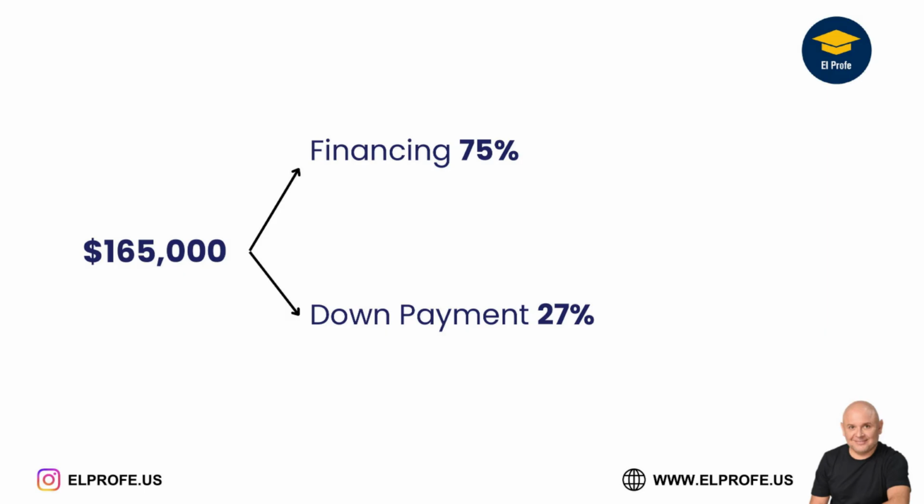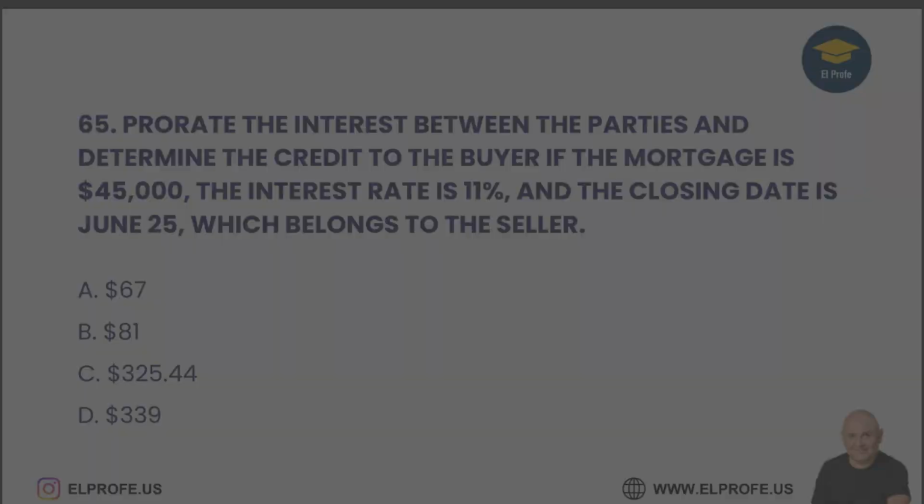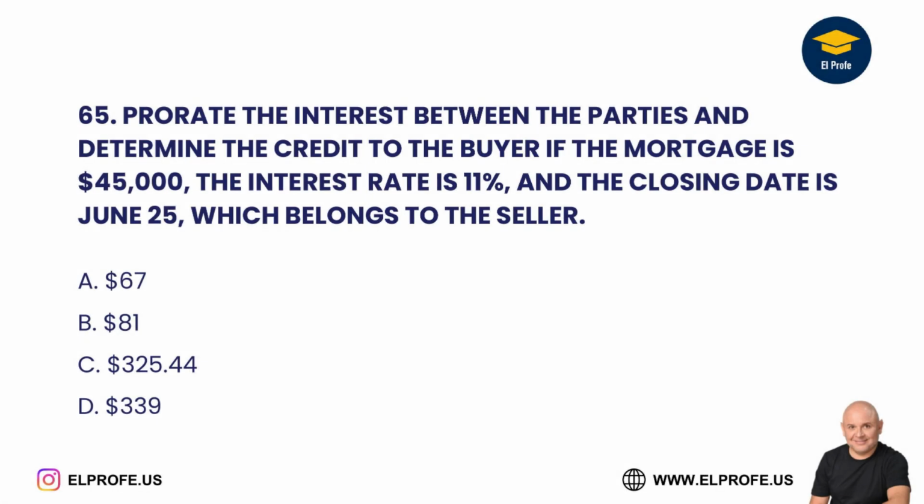So, we need to multiply, find 27% of $165,000, and that is $44,550.